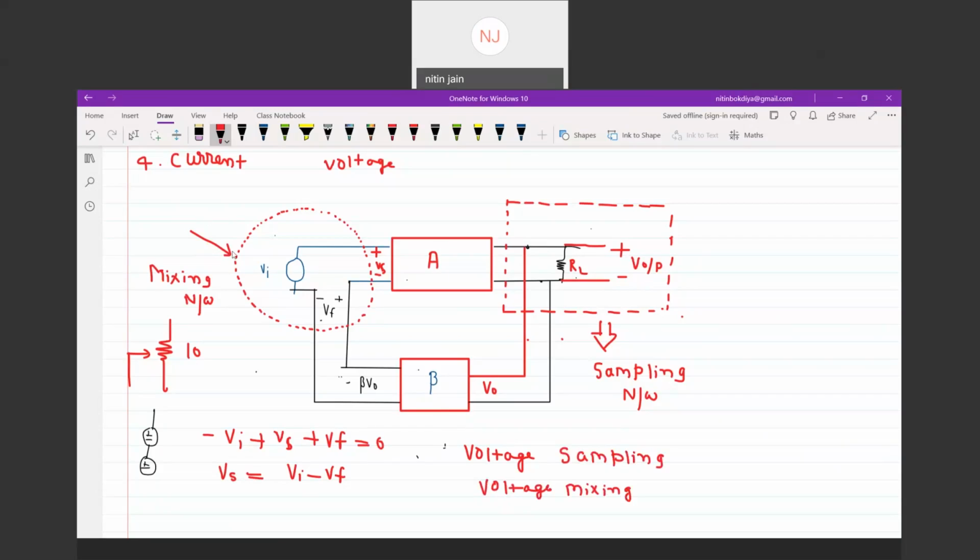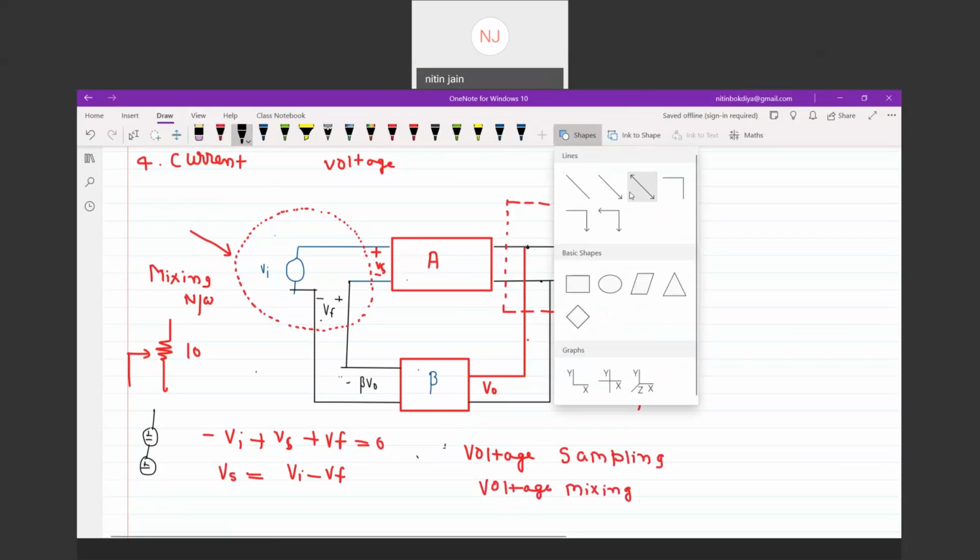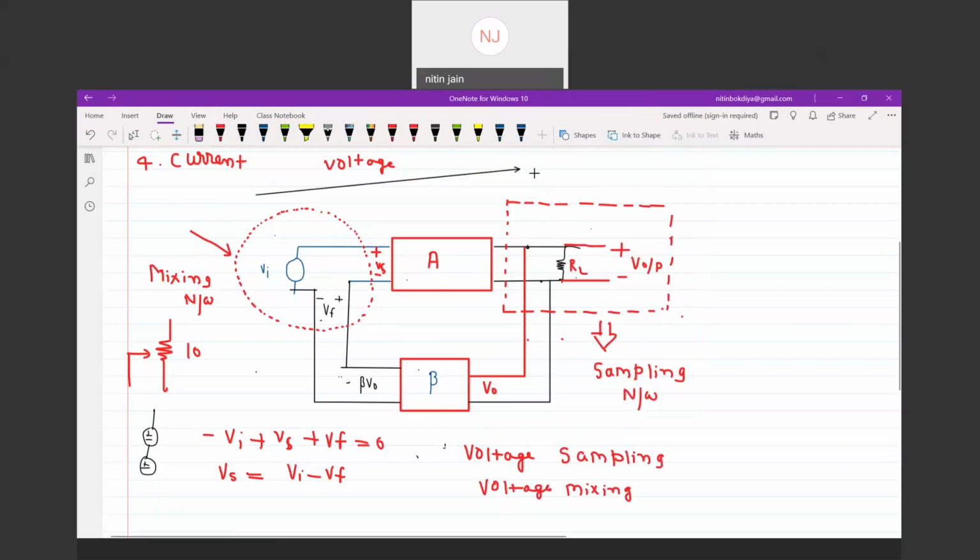We write the name of this topology from the output side to the input side, keep this in mind. You are mixing in series and sampling in parallel. So the name of this topology is series shunt topology.